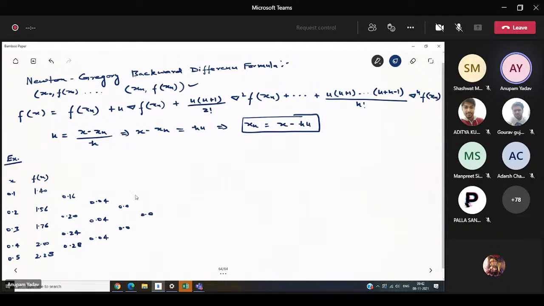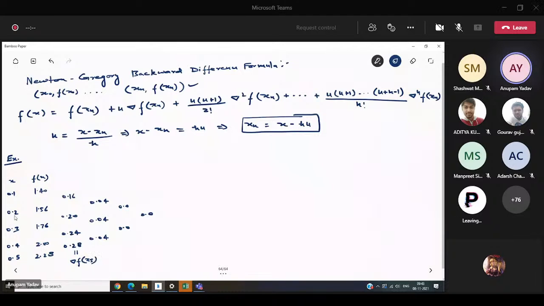Okay, so because we are intending to use the Newton backward difference formula, what we need are the backward differences.